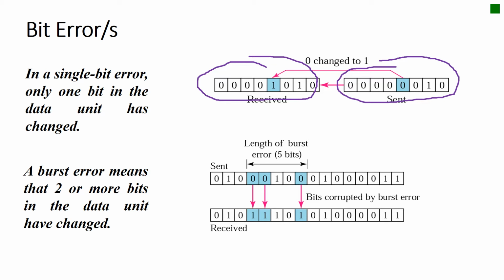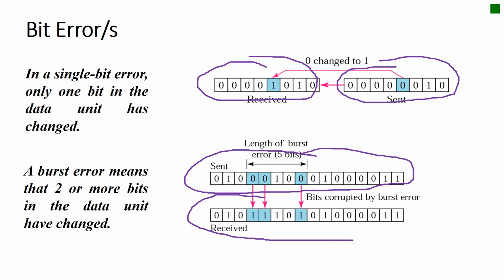Next, burst error means two or more bits in the data have changed. Or burst error means successive bits have changed from 0 to 1 or 1 to 0 from transmitter to your receiver. Again, if this is what the original message looks like, and then at the receiver, this is the received data.